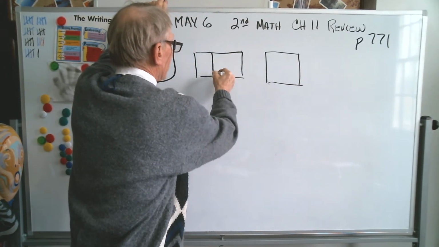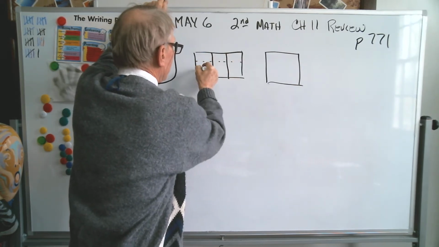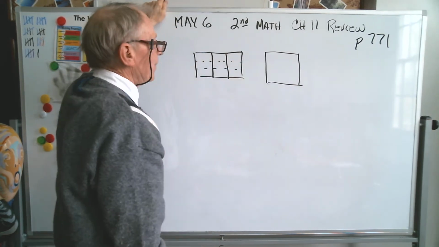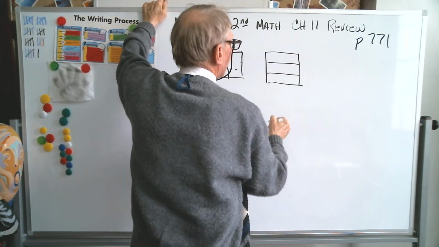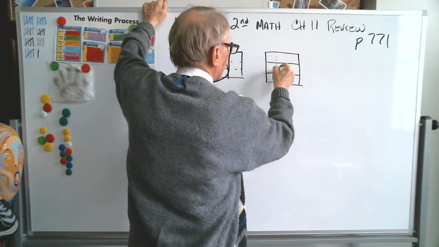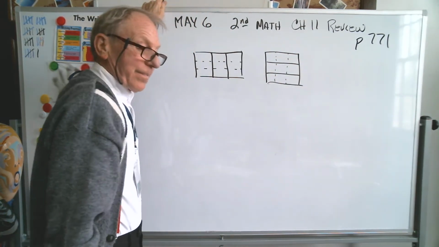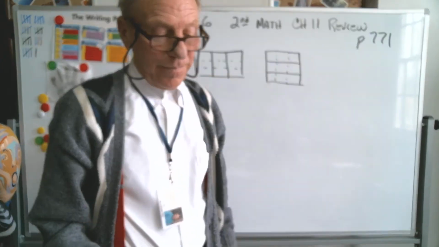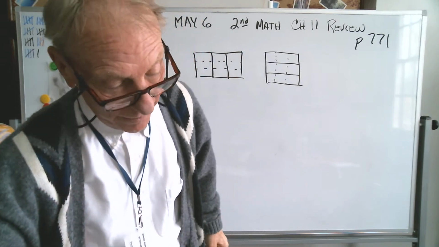So you can do it this way, or if you want, you can do it in 3 parts that way. Same thing with the square. That was easy.